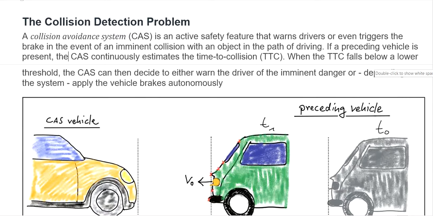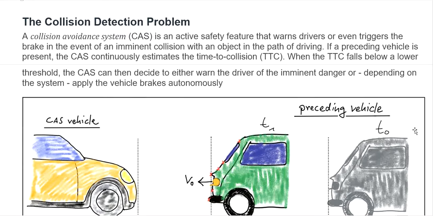The collision detection problem is called CAS, and it applies to the autonomous vehicle or to the autonomous brake system for the car. It is an active safety feature that warns the driver or even triggers the brake in the event of imminent collision with an object in the path of driving.